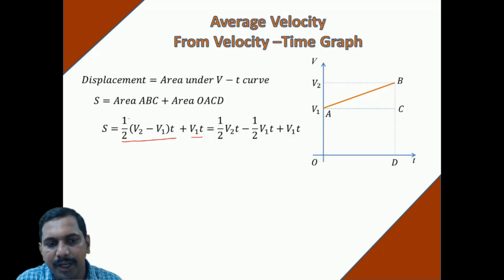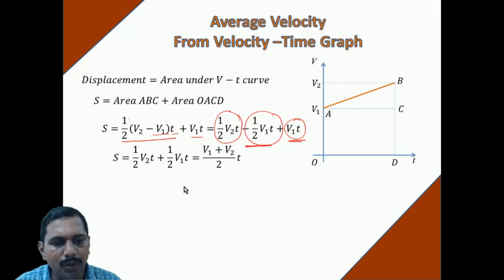This is half into V2 into T. That's what I have written, half into V2 into T, right? And here minus V1 into T into half has been written here. And here you have V1 into T. Now half V1T plus V1T will give you positive half V1T, right? So you will have S is equal to half into V2T plus half into V1T, which can be written as V1 plus V2 by 2 into T, right?